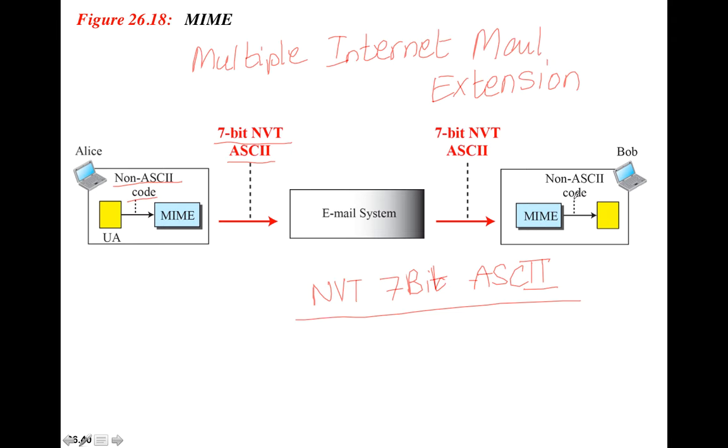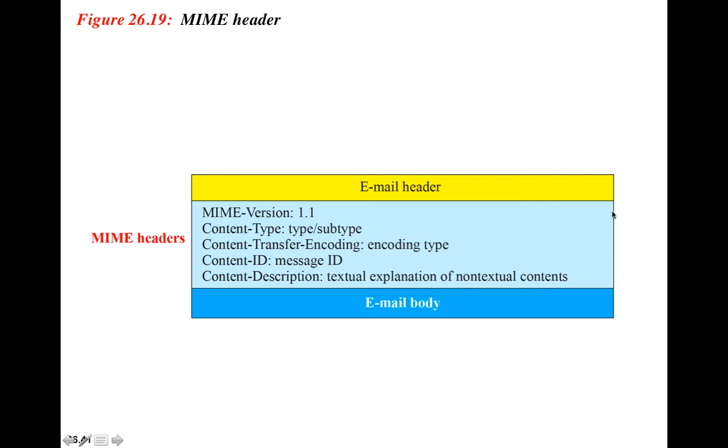When it is received at the receiver, this information is reconverted back using the MIME extension into its original form. So we will have the video, audio, postscript format, whatever it was. And that original file is now delivered to the receiver. So this is the use of the MIME format.